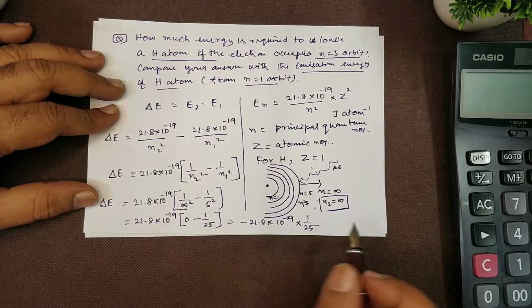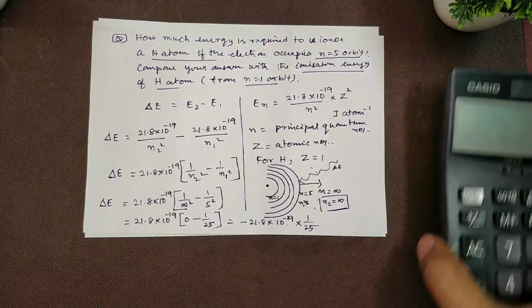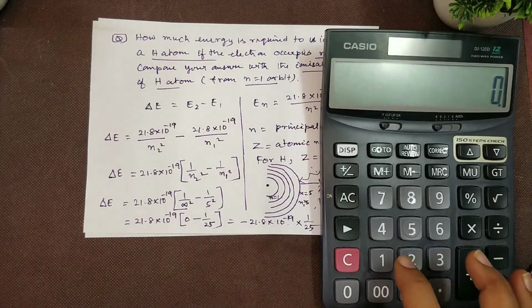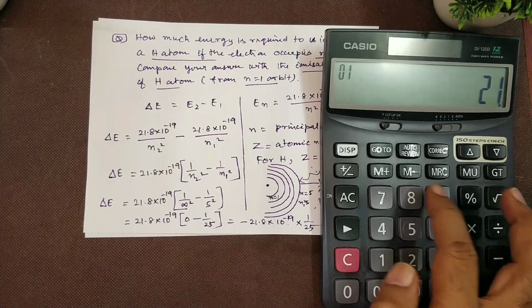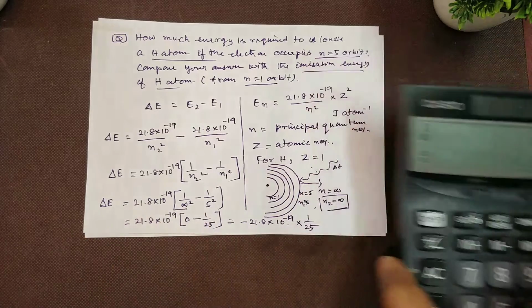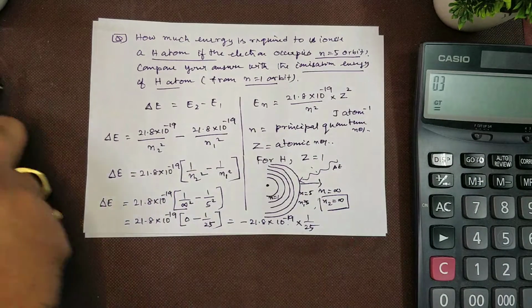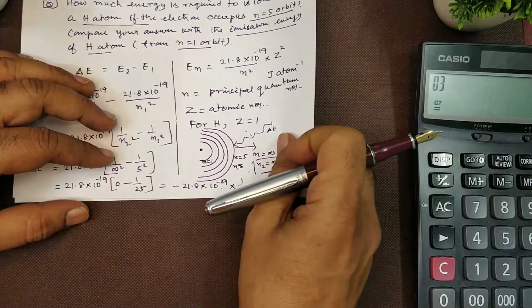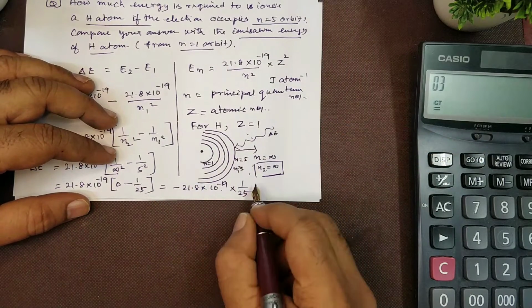Am I right? So 21.8 divided by 25 is equal to 0.872, so 0.872 into 10 power minus 19, is it not?